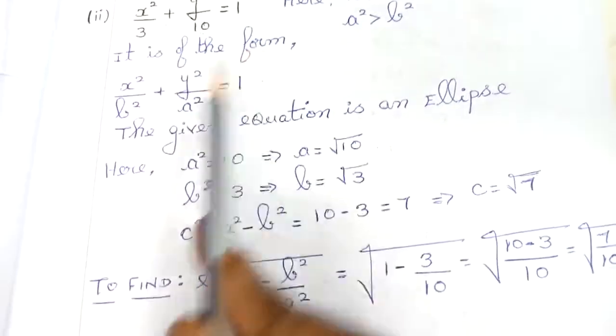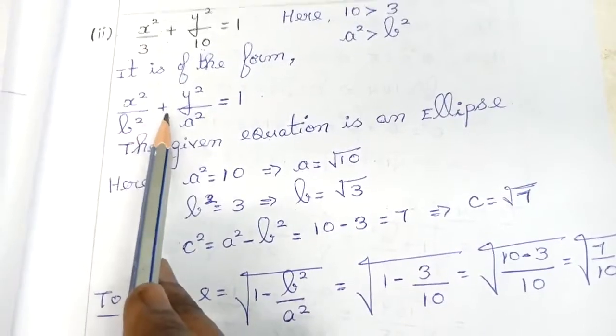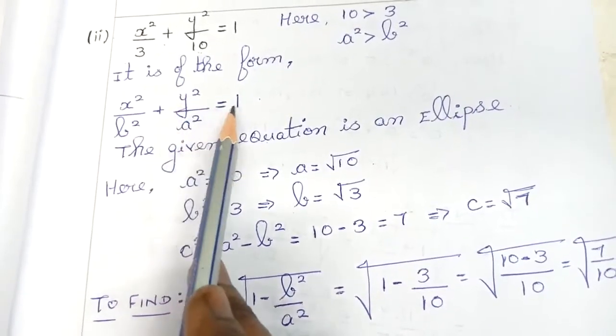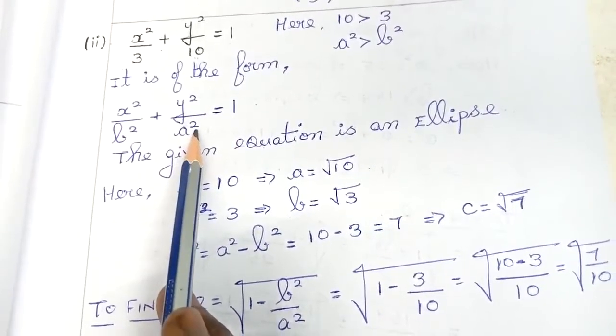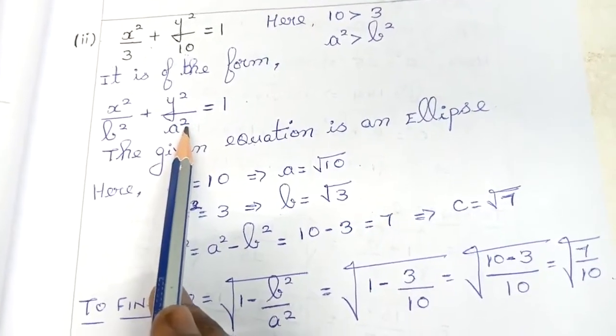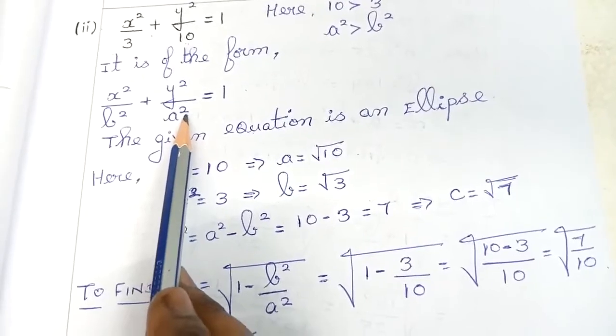So it is of the form x square by b square plus y square by a square equal to 1. Why we are writing in this form is, in ellipse you are having two types of equations. So we are going to go for the second category.